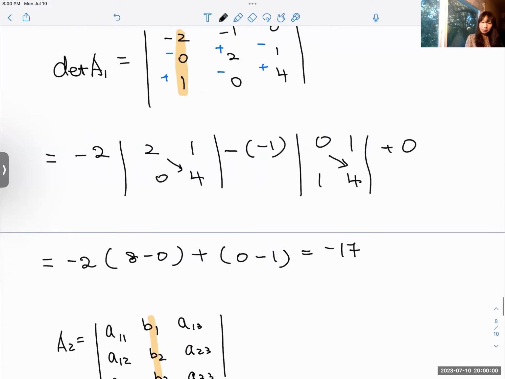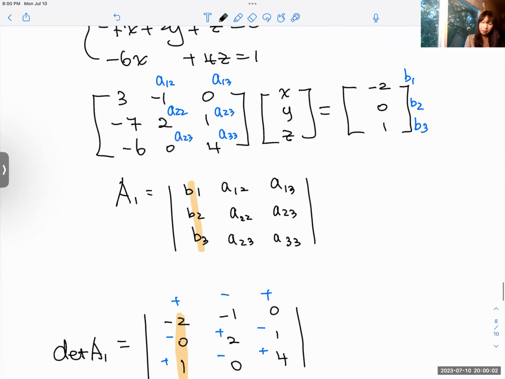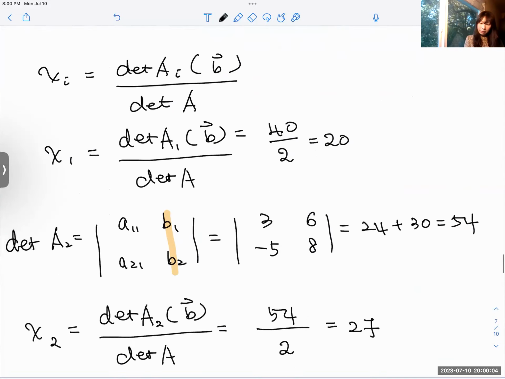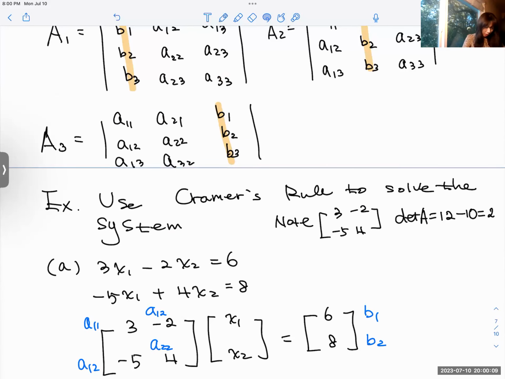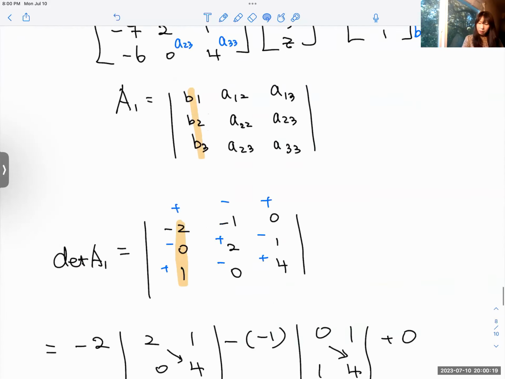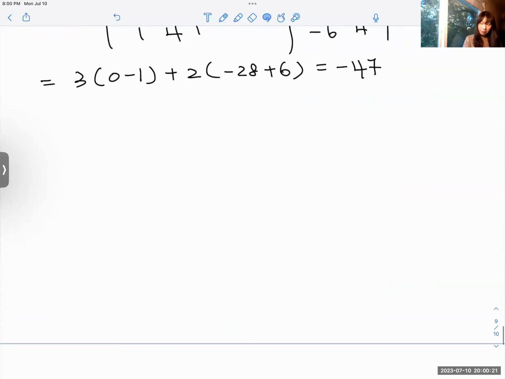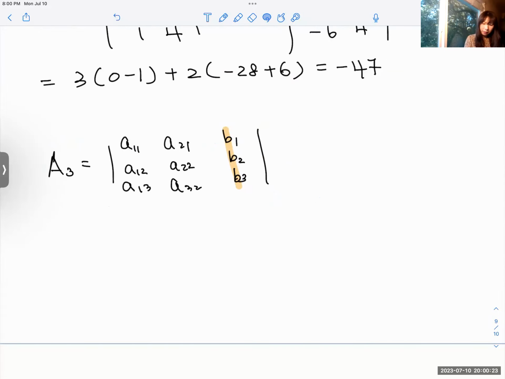All right, so determinant of A sub 3. So we have this. Okay, determinant of A sub 3.